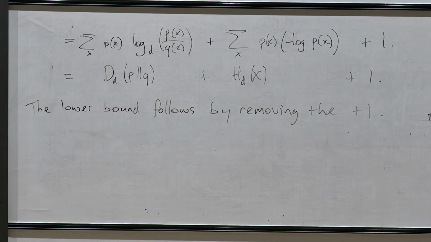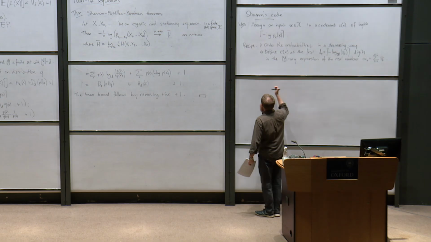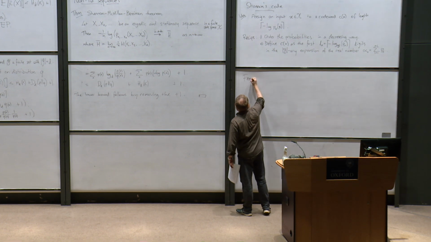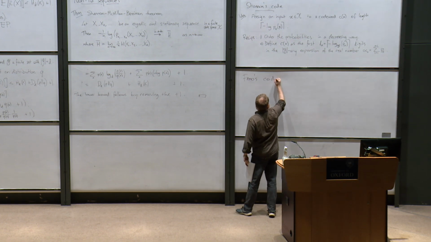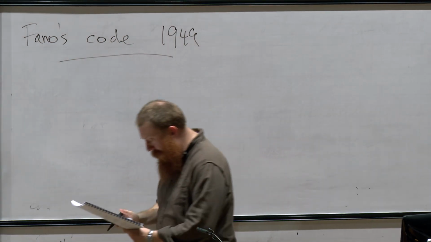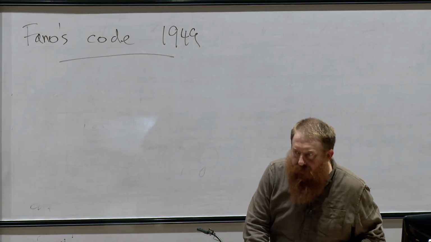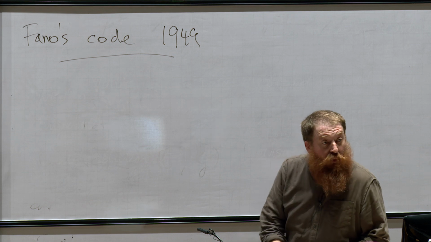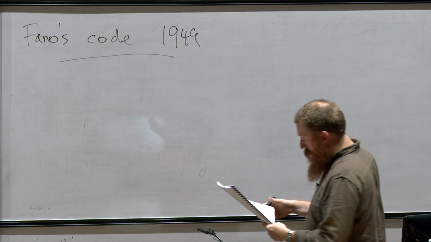It's not so nice, so people then started thinking about this, and the next person to come along was Fano. So we get Fano's code, which was 1949. Fano was thinking about this, and he suggested a different way of constructing a code, unlike Shannon.